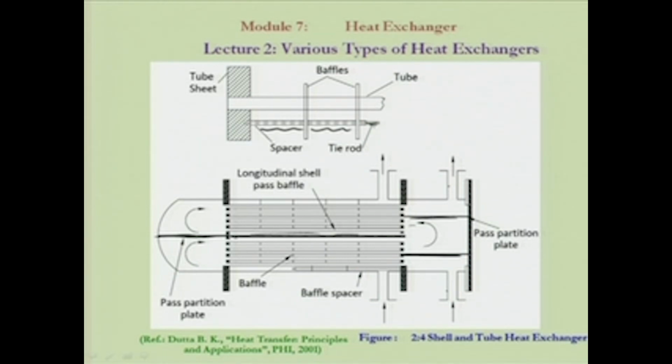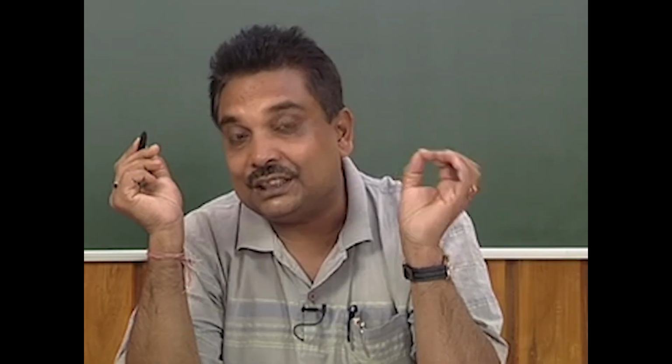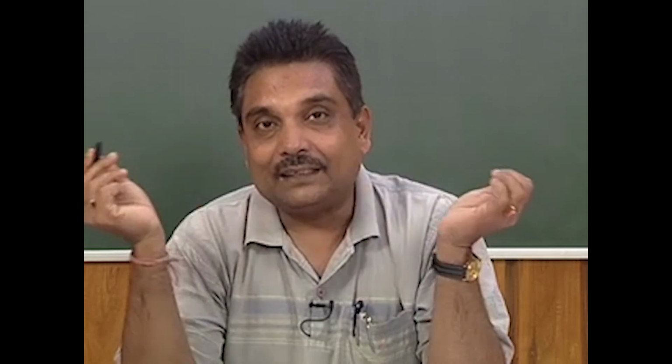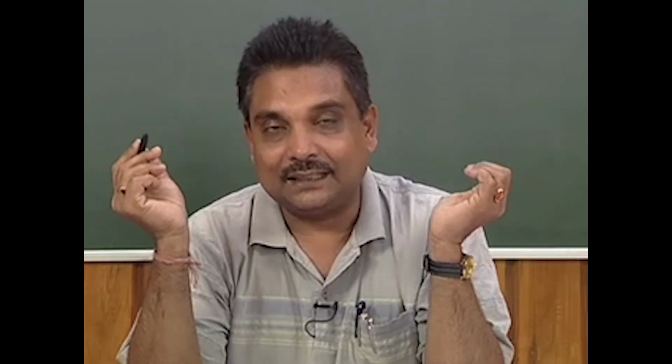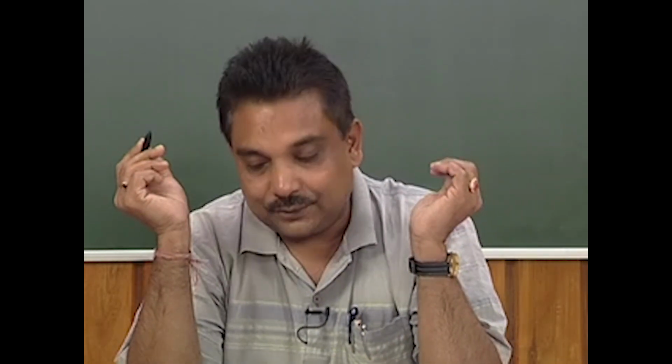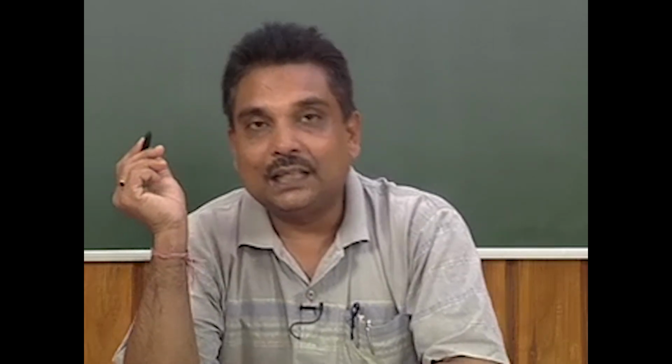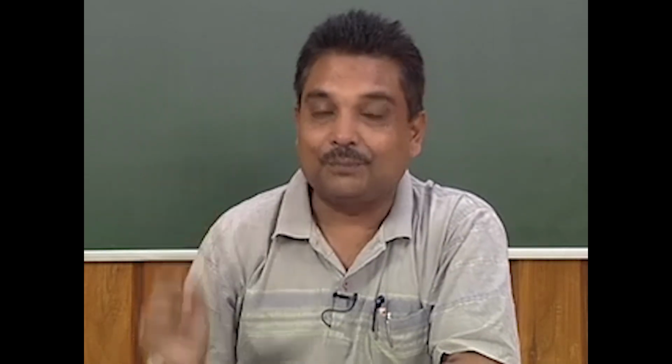The diameter of the tie rods or the baffle spacers would be much less compared to the tube diameter. This is so as not to waste any space. So, it is always very minor, the minimum diameter of rod which is needed according to the pressure conditions and strength requirements, that is put into this shell and tube heat exchanger in the form of tie rods.